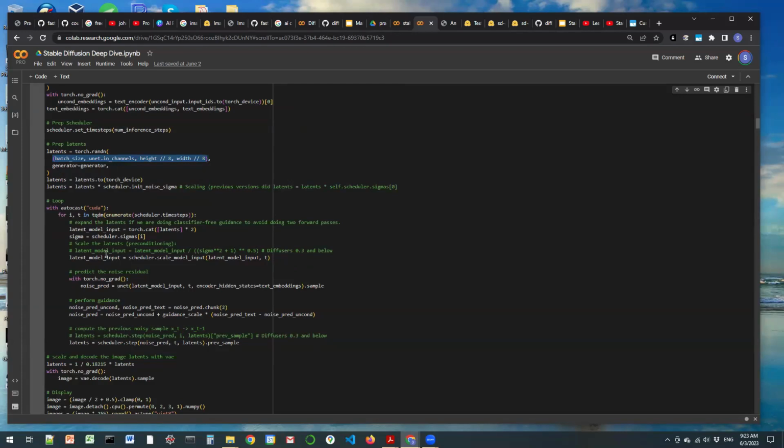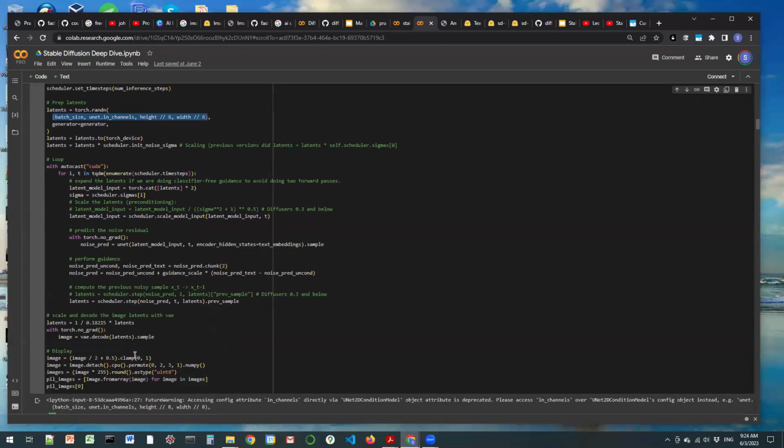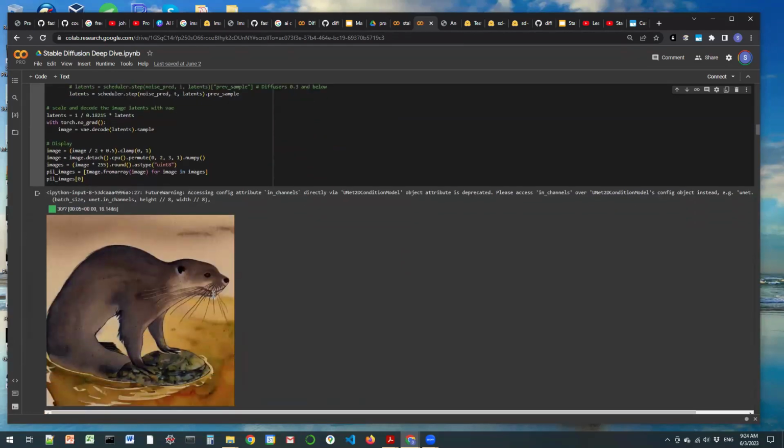And then you step through, and you go through this loop. And once you emerge out of it, you scale it, and then you send the latent through the decoder and sample. And then you do some work with the image in order to get it to a pillow image. And out comes the result.